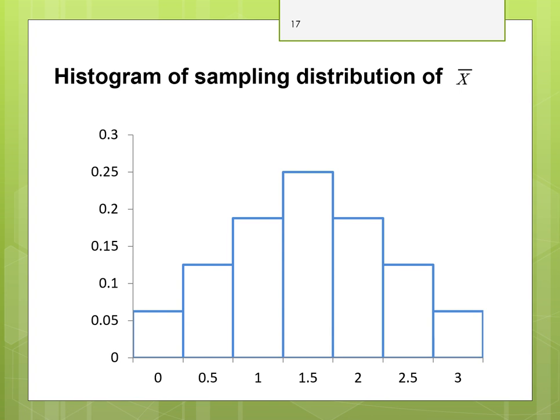So what is the property of the sampling distribution of X bar? Can you find that? Is there anything special? Can you find something special in the histogram of the sampling distribution?